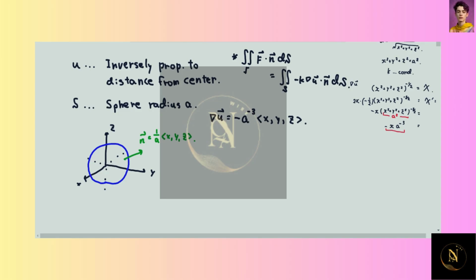Now n, the normal vector. We've seen it in the examples, and we've also seen it multiple times whenever we deal with spheres from chapter 15 or 16. The normal vector is simply going to be 1 over a of x comma y comma z.